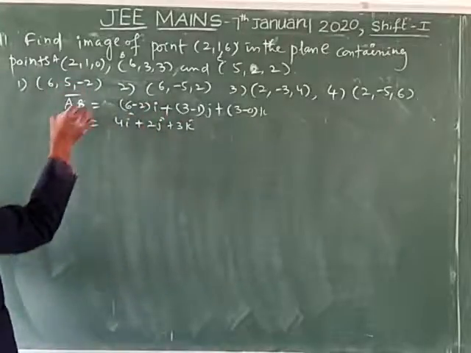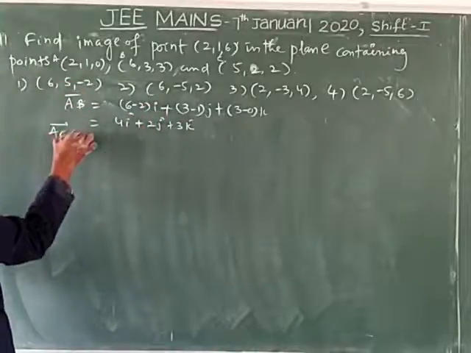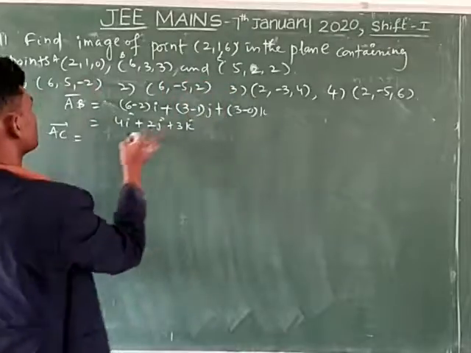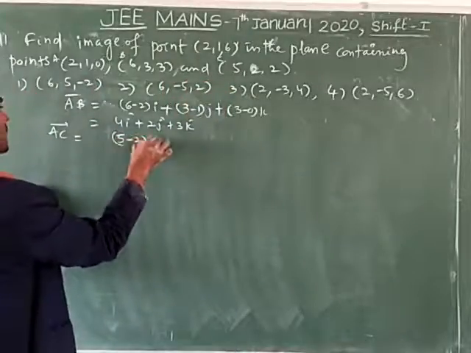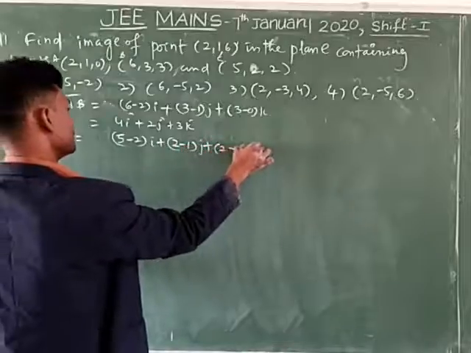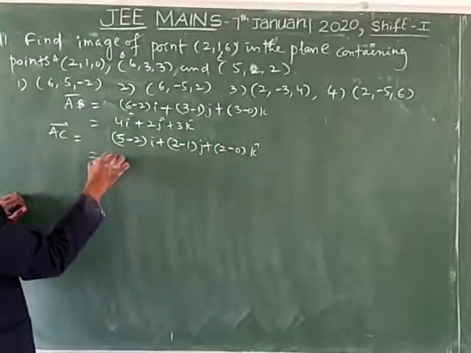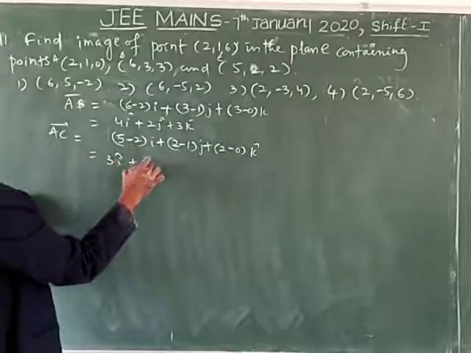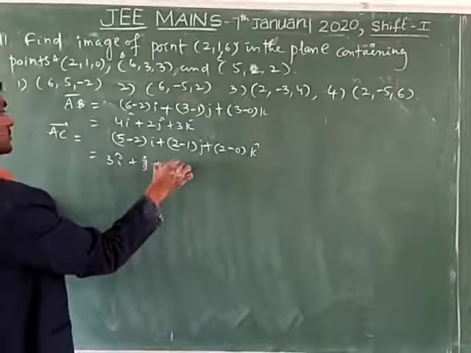Next, vector AC is equal to (5 minus 2) i plus (2 minus 1) j plus (2 minus 0) k.